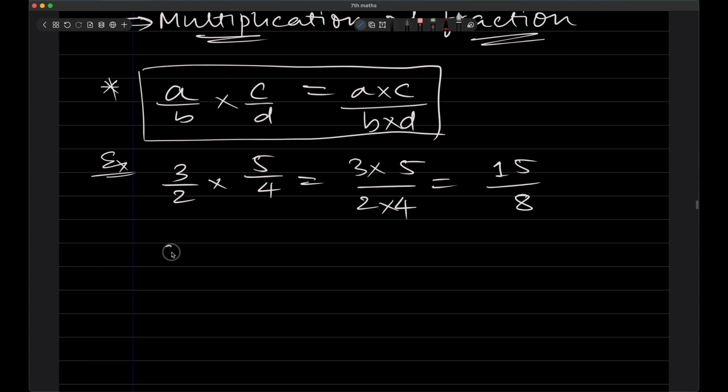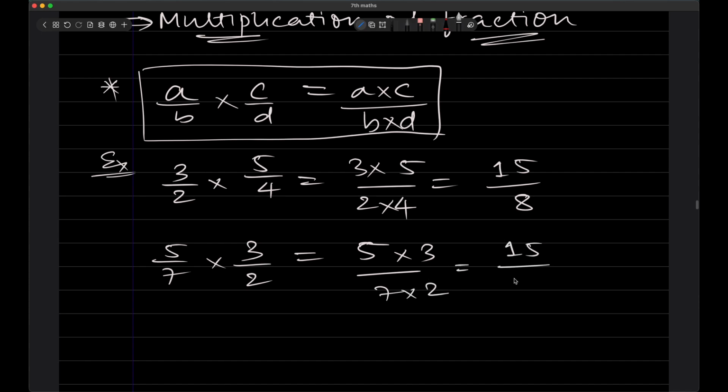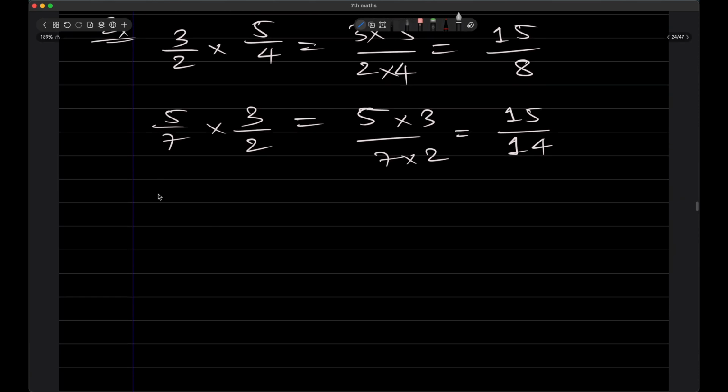Let's take one more example, that is 5 by 7 into 3 by 2. We will get 5 into 3 divided by 7 into 2, that is equals to 15 by 14. If we are given two mixed fractions, 2 whole 1 by 3 into 3 whole 1 by 2, then first we have to convert this into improper fraction.